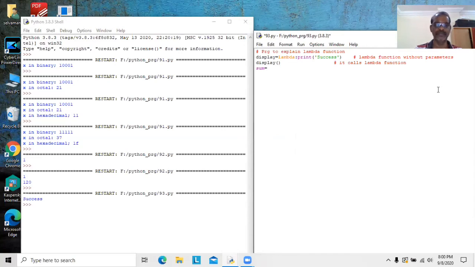Similarly, with an argument: sum equal to lambda. We want to add two numbers, so those should be passed here: x comma y colon, here x plus y. So lambda is a keyword, x comma y are the parameters, colon, and this is the expression.